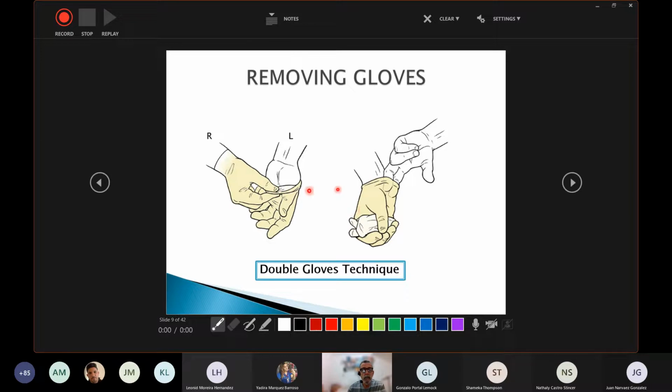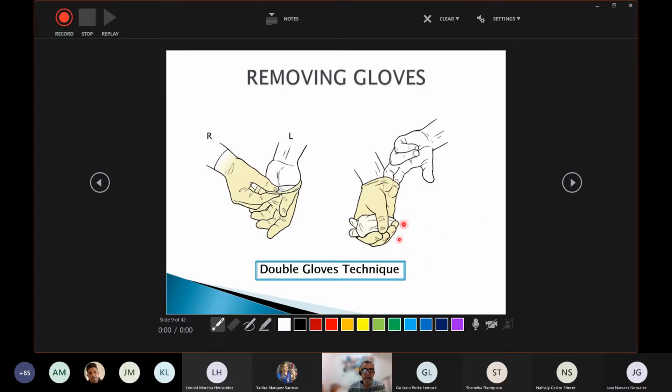Notice that when you remove this first glove, you keep it grabbed by the hand that still has the glove. Now with your bare hand, you introduce your finger under the glove. Outside is contaminated, inside is clean. So you put your fingers there and pull it inside out over the grabbed glove, and that's it.